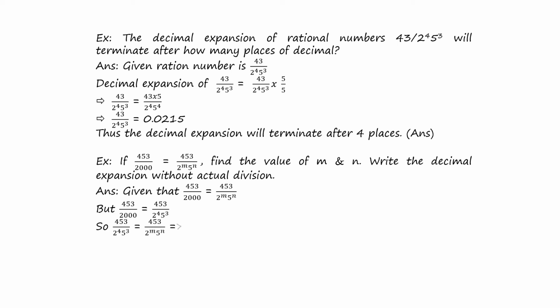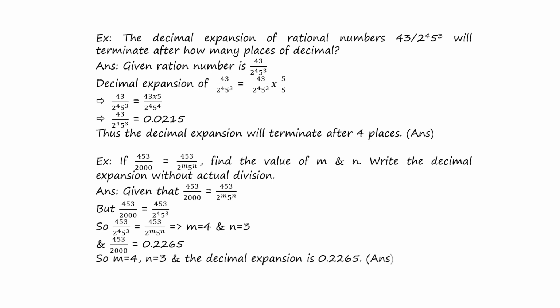Here the numerator is the same in both the cases. So if we equate the denominators, the power of 2 is 4 and the power of 5 is 3. That's why m is 4 and n is 3. And 453 by 2000 equals 0.2265. So m equals 4 and n equals 3, and the decimal expansion is 0.2265. This is the answer.